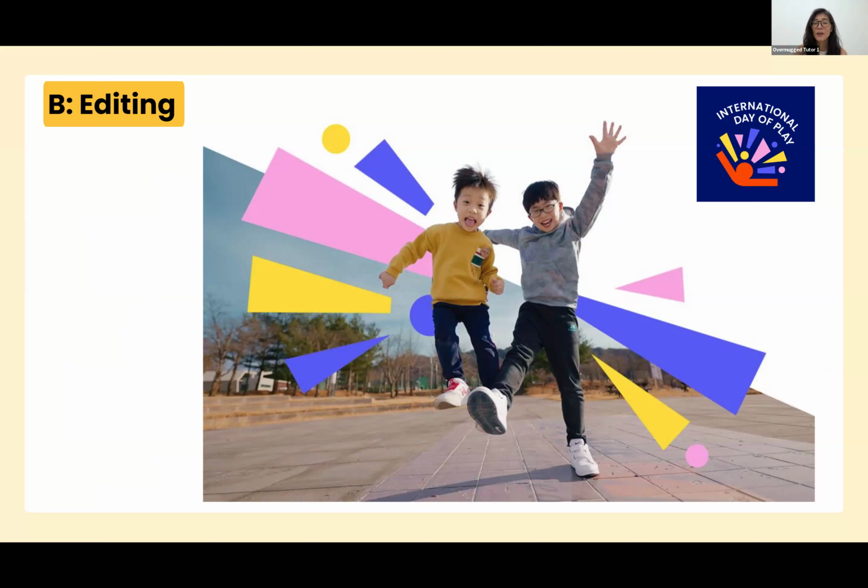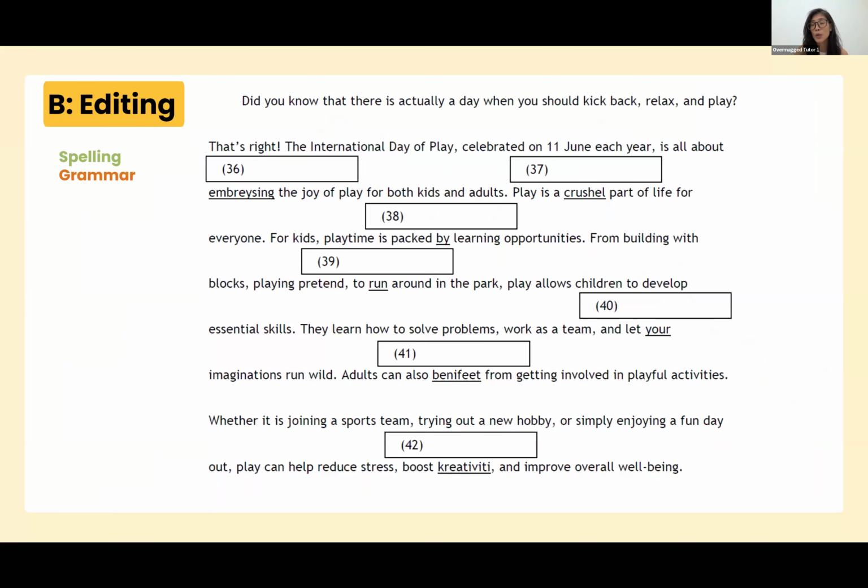So editing, even though the change for 2025 is a reduction of 2 questions, you will still be tested on spelling as well as grammar. For the purpose of today's lesson, all the spelling errors will be highlighted in green for you, whereas the grammar ones will be in orange. So let's take a look.